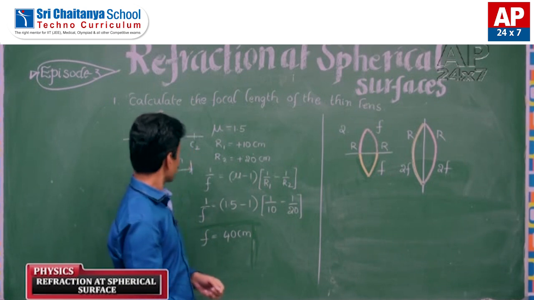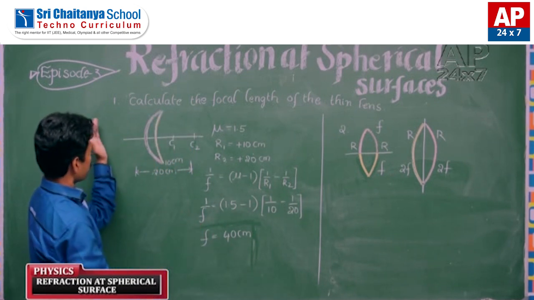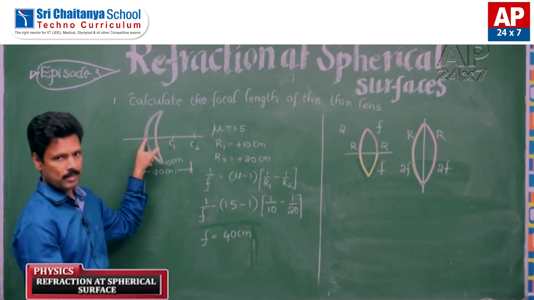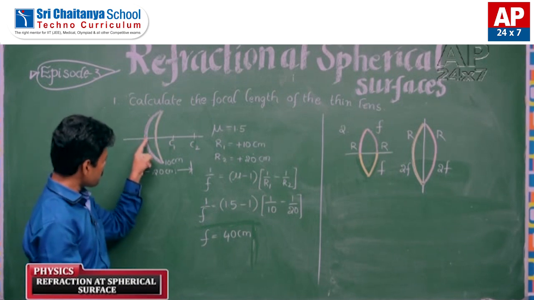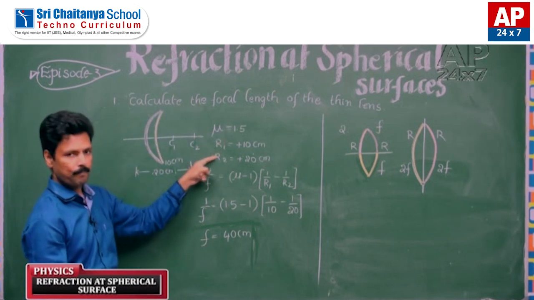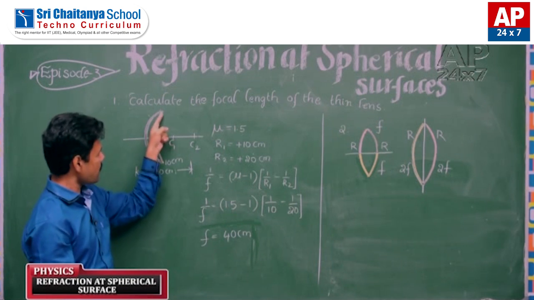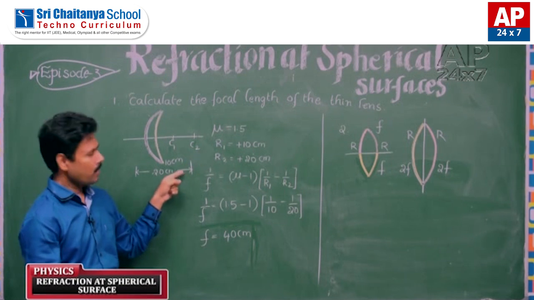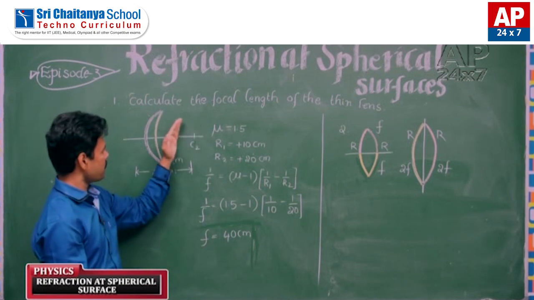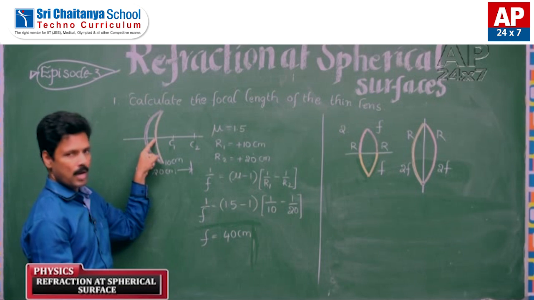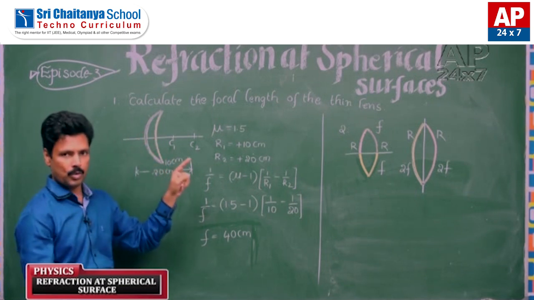See carefully. When you take light rays from this side, this is the first surface, therefore corresponding to this is R1, and this is the second surface, corresponding to this is R2. But when we take from this side, this becomes R1 and this becomes R2.